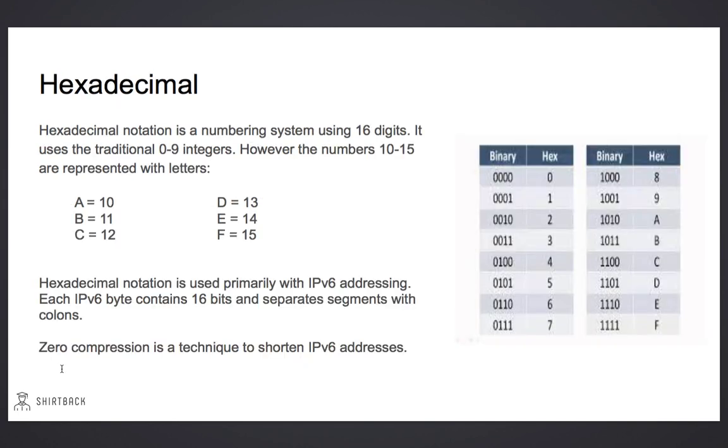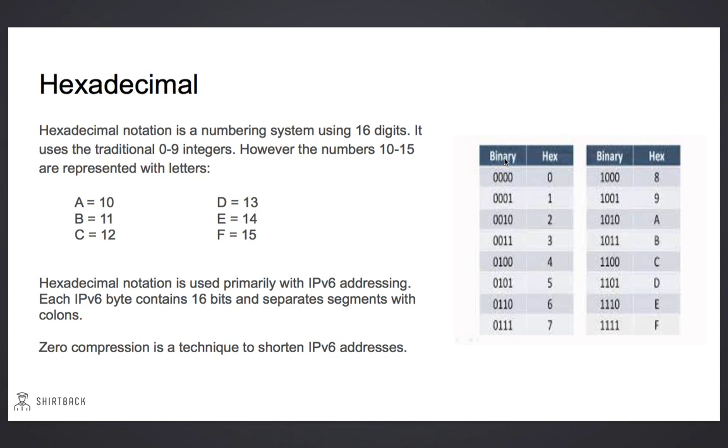Our next numbering system is hexadecimal notation. Hexadecimal is a numbering system that uses 16 digits. Hexadecimal uses the traditional 0 to 9 integer numbers. However, the numbers 10 to 15 are represented with letters. Let's take a look here at our table.